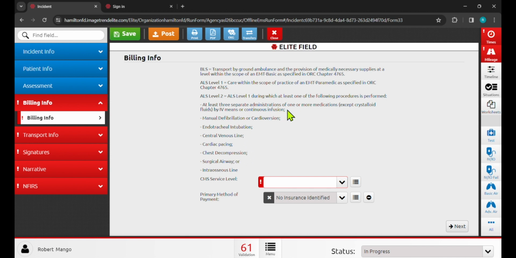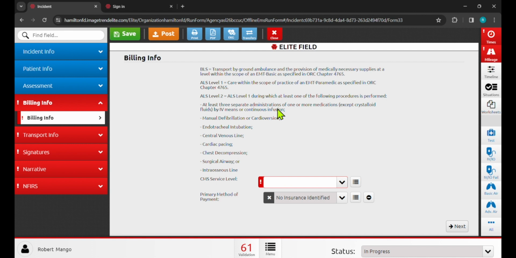The other ways we get to ALS2 are by administering at least 3 separate administrations of one or more medications, with the exception of IV fluids. Now, I do believe that this should also say oxygen, because oxygen is a BLS drug. So fluids don't count as a med, and oxygen I don't believe counts as a med. But if you give, let's say, albuterol.